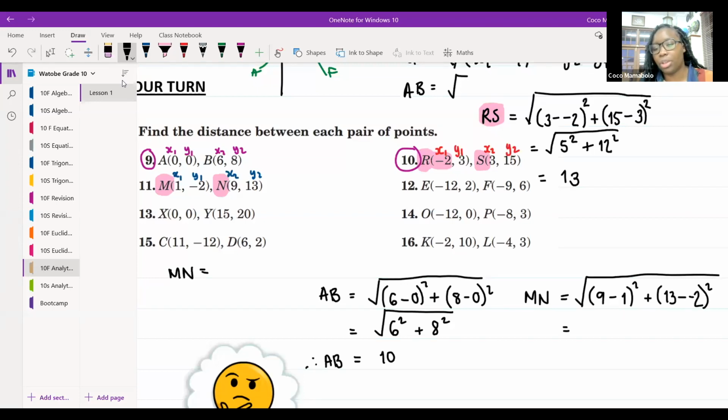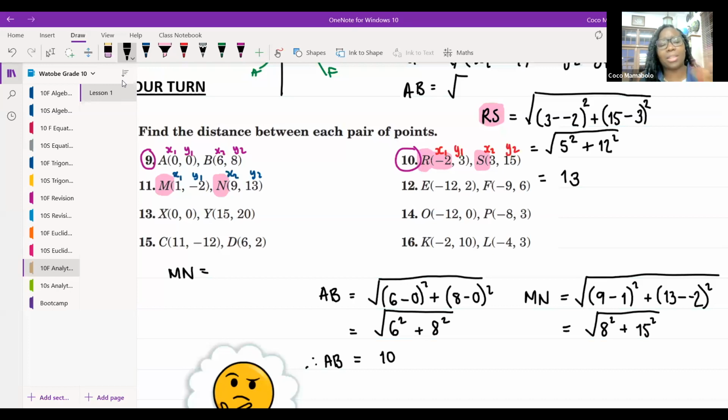This gives me 9 minus 1 is 8 squared, plus 13 minus -2 will give us positive, so 13 plus 2 is 15 squared.